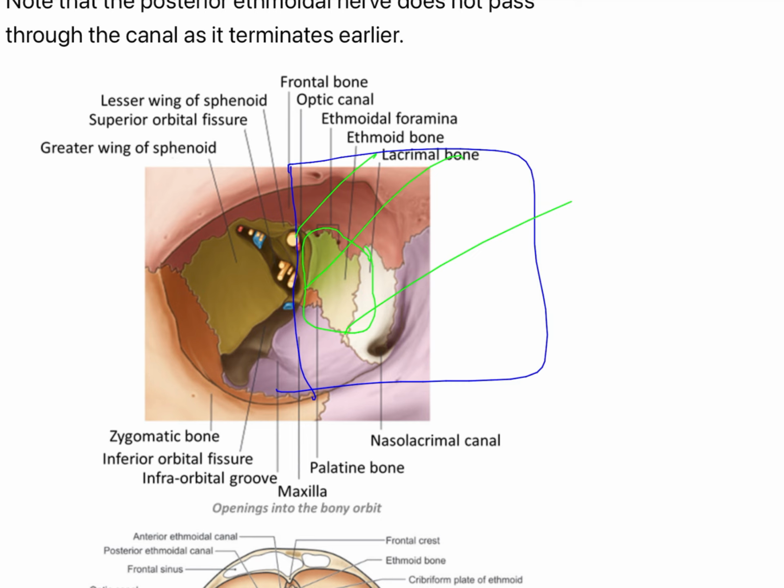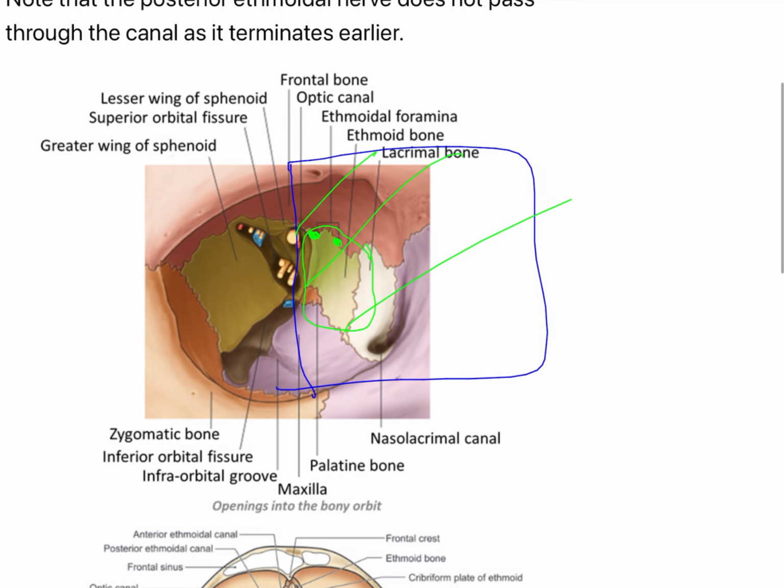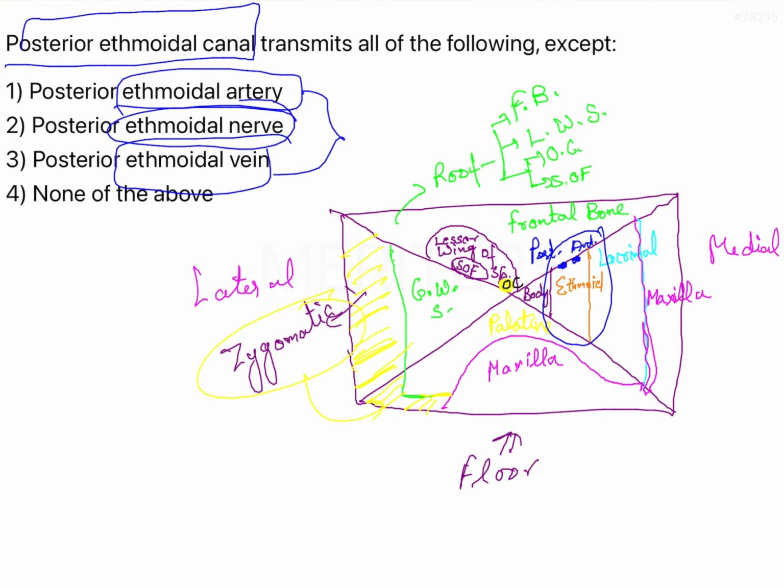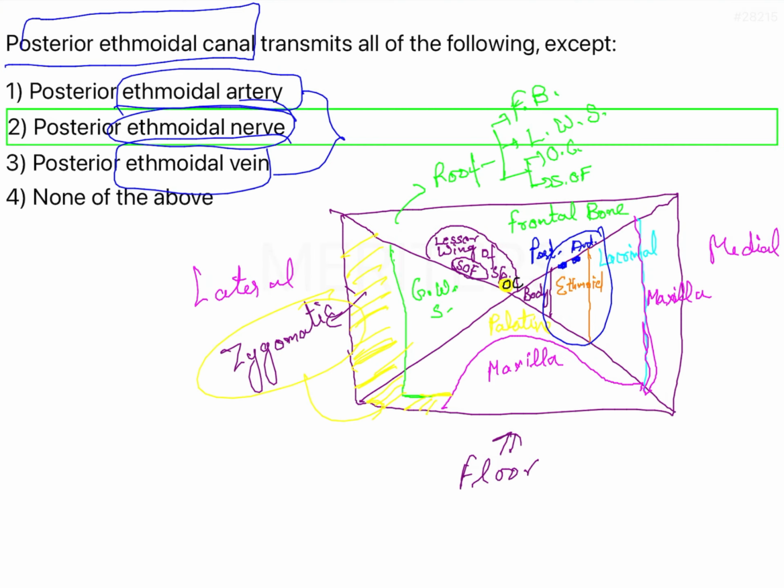In the ethmoidal bone you will be having two foramina, one anterior and another posterior, and these will be traversing the vessels, both artery plus vein, but not the nerve, because the nerve will be terminating earlier. That's why the structure that is not going to be transmitted through the posterior ethmoidal canal is none other than your option 2, posterior ethmoidal nerve.